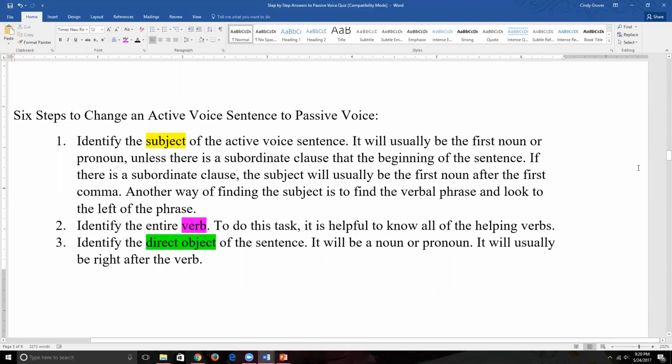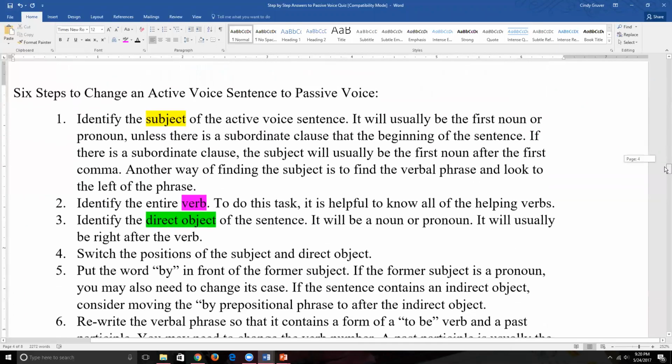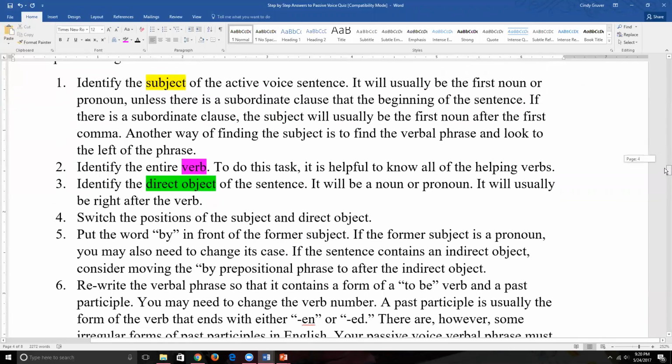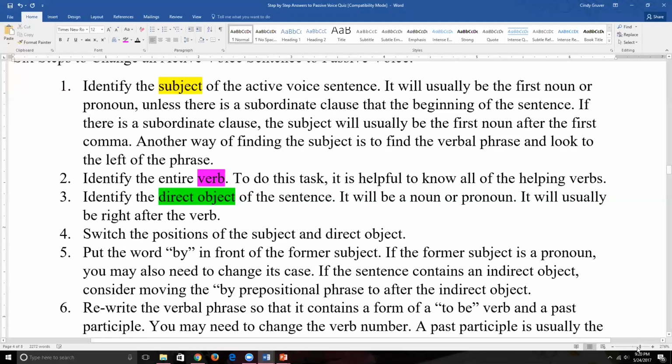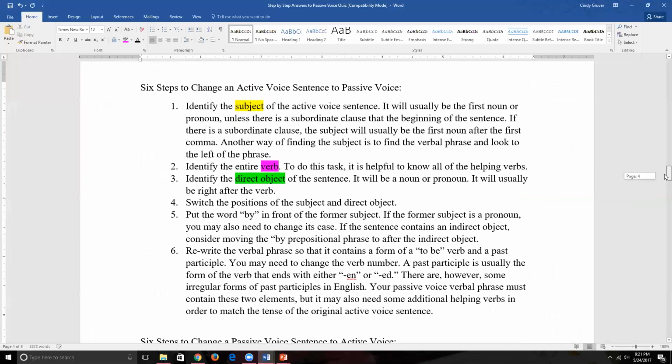Okay, so let me go ahead and actually scroll down here. So here we have our 6 steps.